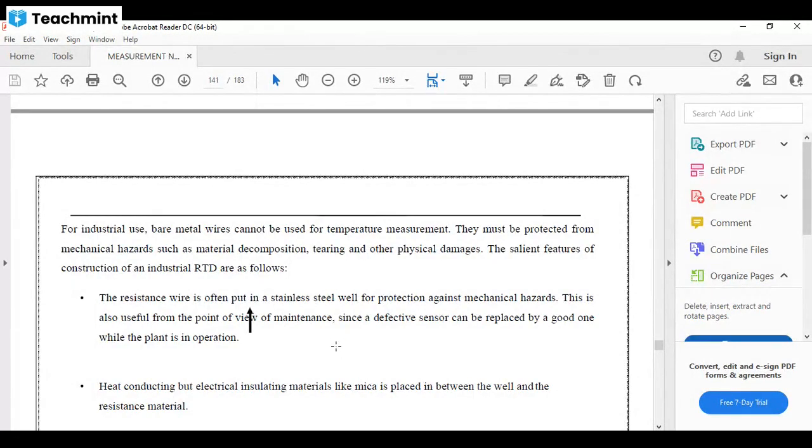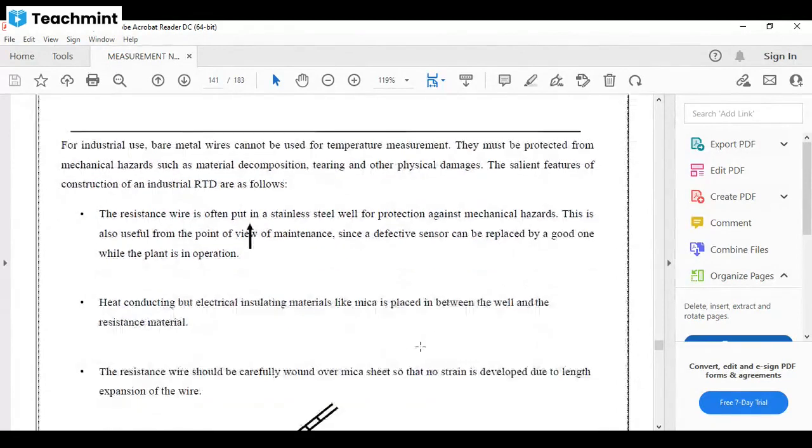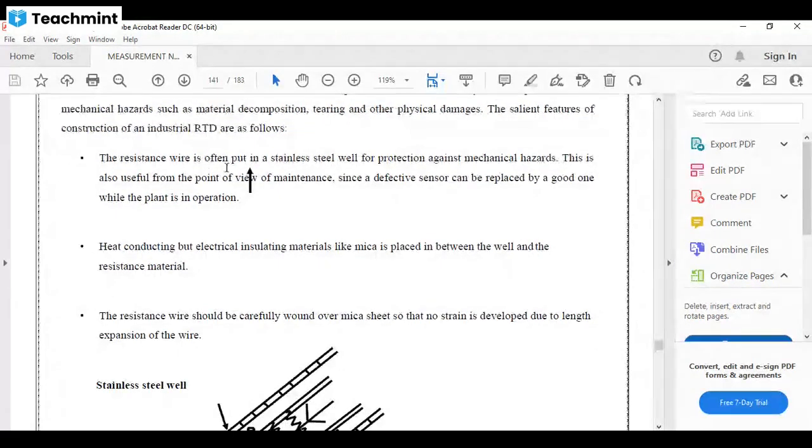For industrial use, it is used for measurement of temperature, and it must be protected from mechanical hazards such as material decomposition, tearing, and other physical damage. The salient features of the construction of an industrial RTD are as follows: the resistance wire is often put in a stainless steel oil for protection against mechanical hazard.